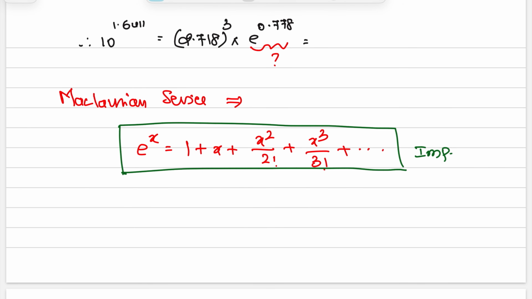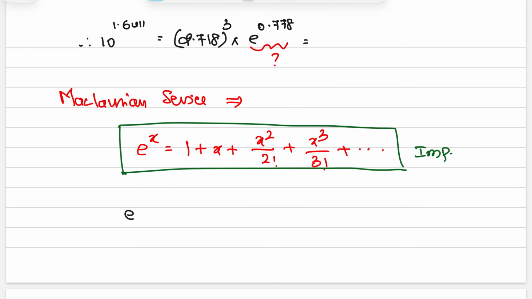Here x is equal to 0.778 and let us take only up to the x square term. Let's not go into the cube and the power of 4 because those will be very small when compared with x square.